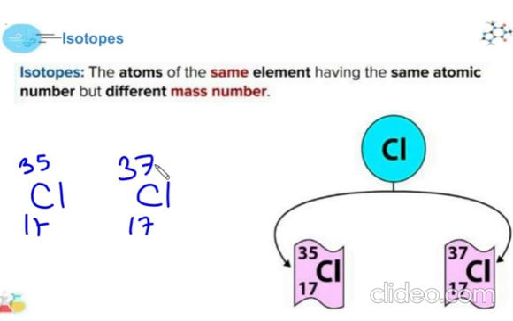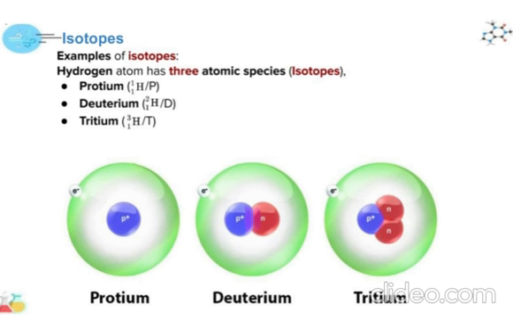Such a condition is known as isotopes. The element is the same, the atomic number is the same, but the mass is different. An example is hydrogen, which has 3 isotopes: protium, deuterium and tritium.